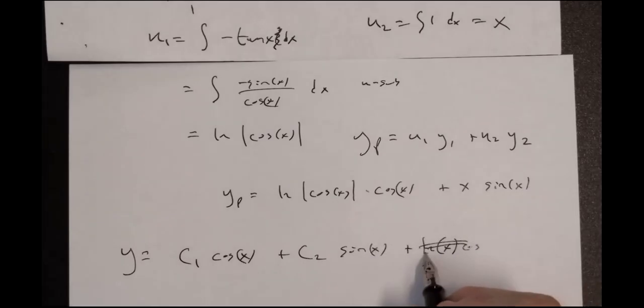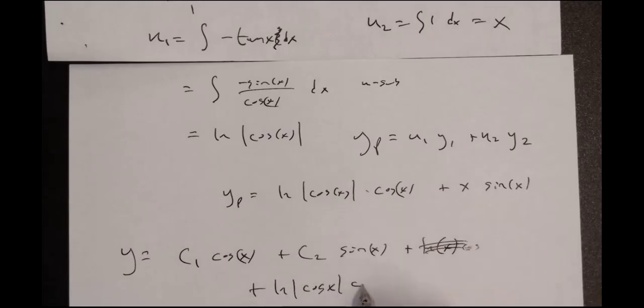Oh, sorry, no, not ln of x. ln cosine of x times cosine of x plus x sine of x. Got to write down the right thing. Once I have the formula in front of me, this is pretty fast.